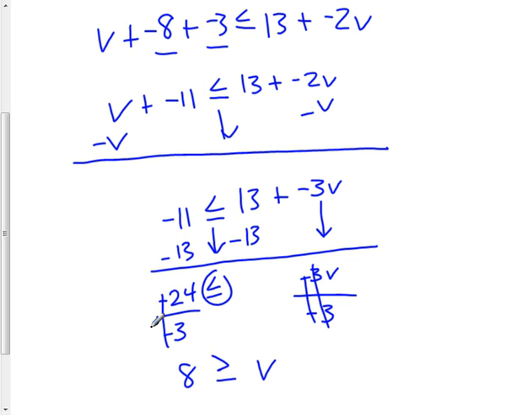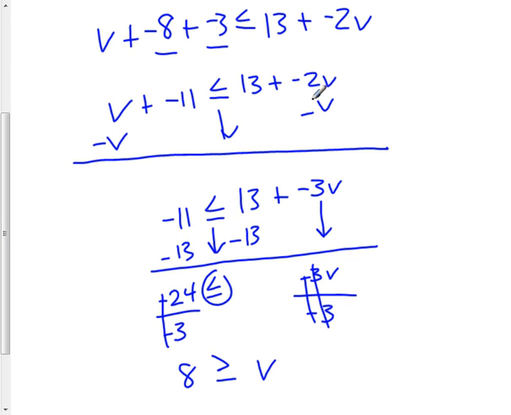If you want to avoid having to flip the sign, then try to move all of your variables so that way everything is positive. Because remember, when you're adding and subtracting, like right here, this is just subtraction, your sign will never flip.